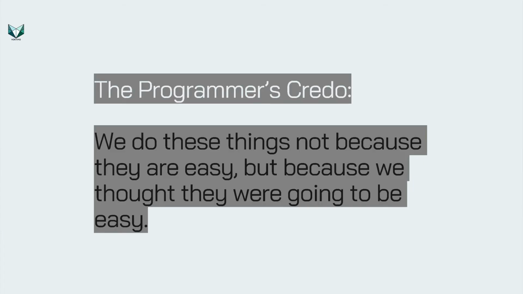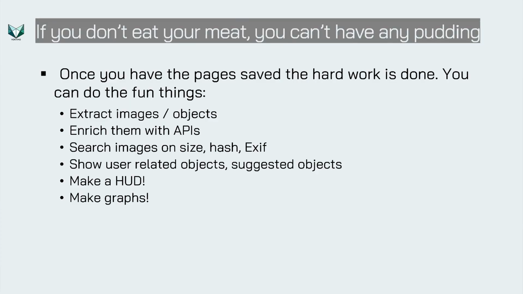Nobody wants to do that, right? And the programmer's credo is something that became my friend during the journey of building this, which is, we do these things not because they're easy, but because we thought they were going to be easy, and they're not.